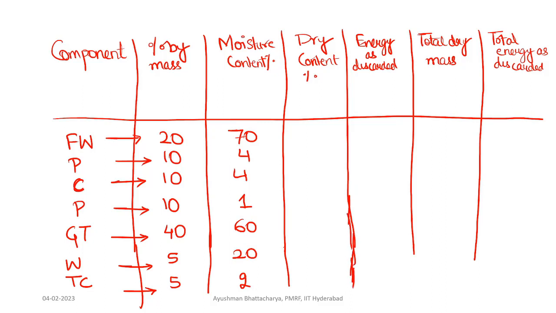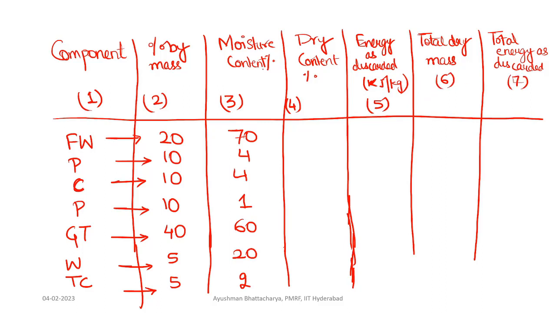How will we calculate the dry content? Basically I will rename the columns 1, 2, 3, 4, that is kilojoule per kg, that is 5, this is 6 and this is 7.